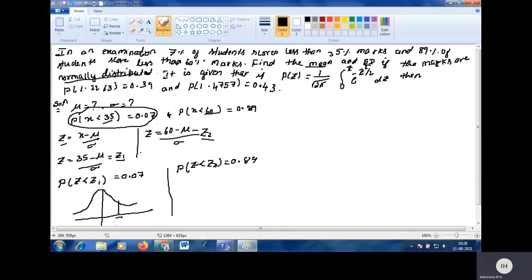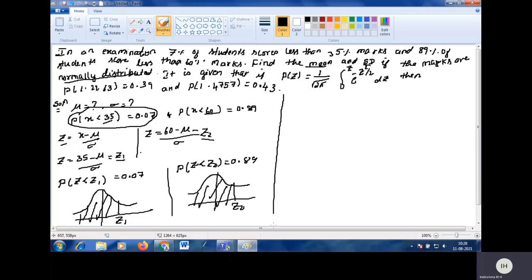As I told you in the previous problem, we have to consider the curve. If it is z1, less than z1 means this area we need to calculate. Here also, less than 60 only is given. So this is the curve we need to consider, and this is z2. Less than z2 means this area we need to calculate.